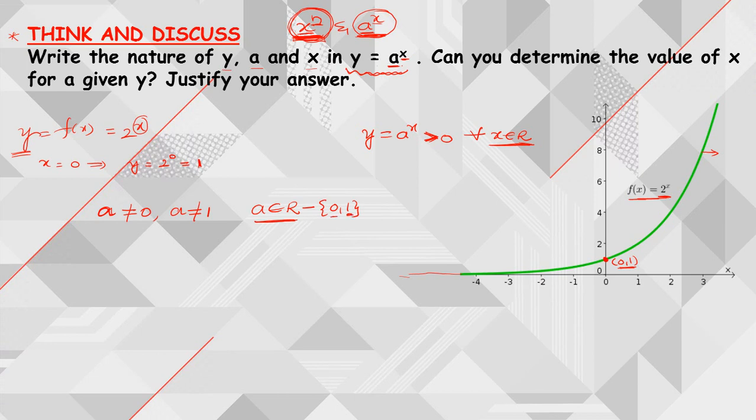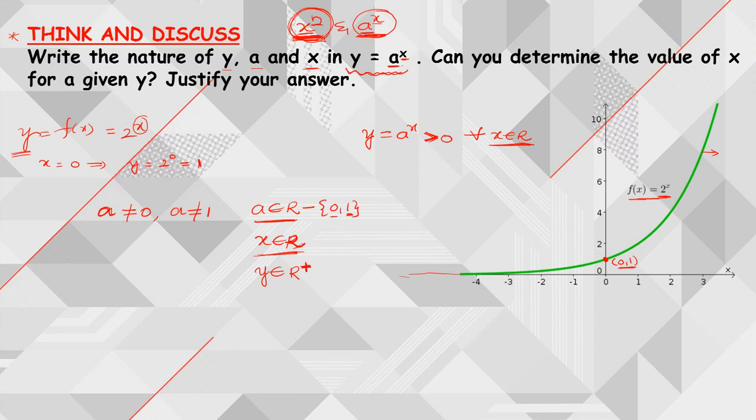Other than that you can take any value for a, right? Next, what about the value of x? The next thing is we need to talk about x. So x can be any real number, so you can take any value for x. Then automatically I can say y belongs to positive real numbers.